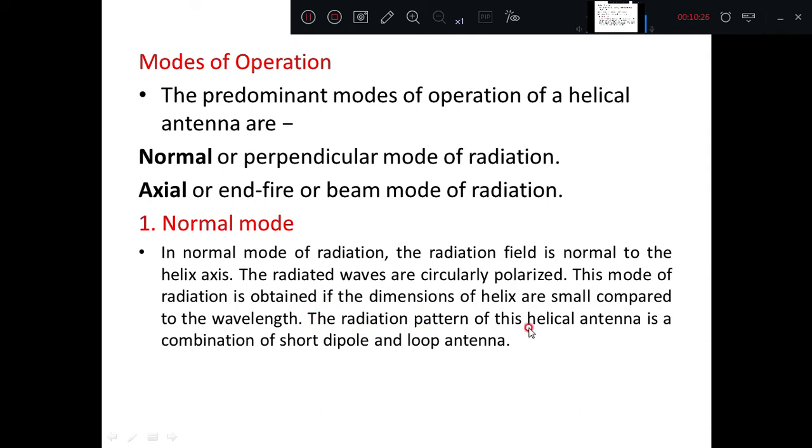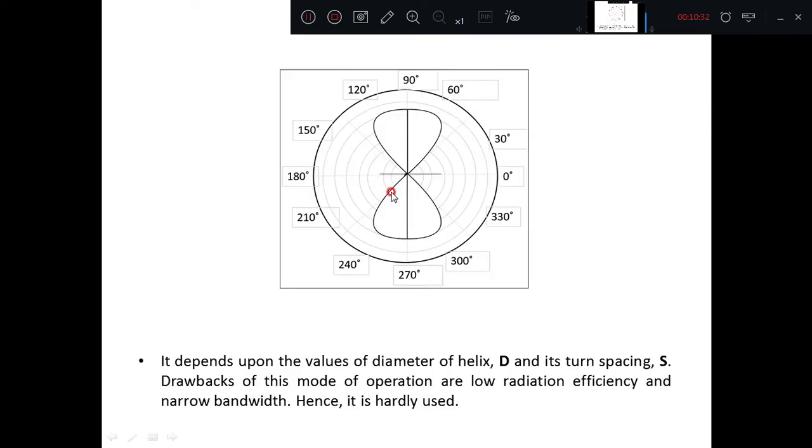The radiation pattern of this helical antenna is a combination of the short dipole and loop antenna, right? Here you can see it is perpendicular to the axis. In the second mode, the axial operation, you will get some small minor lobes along the axis.